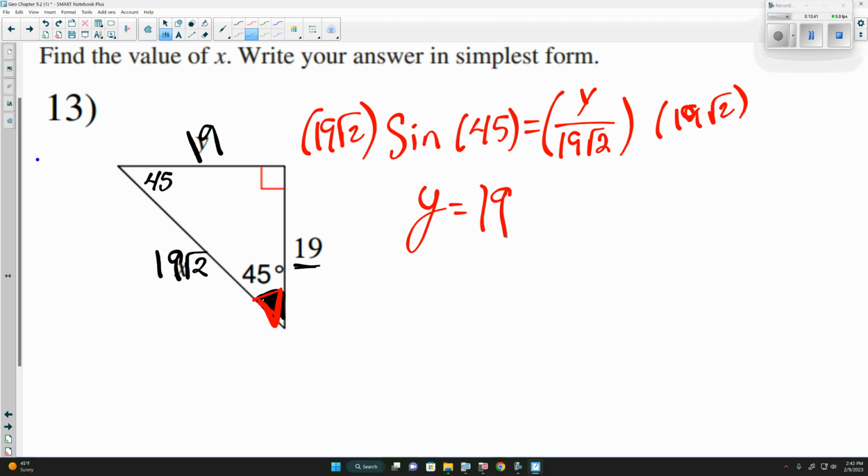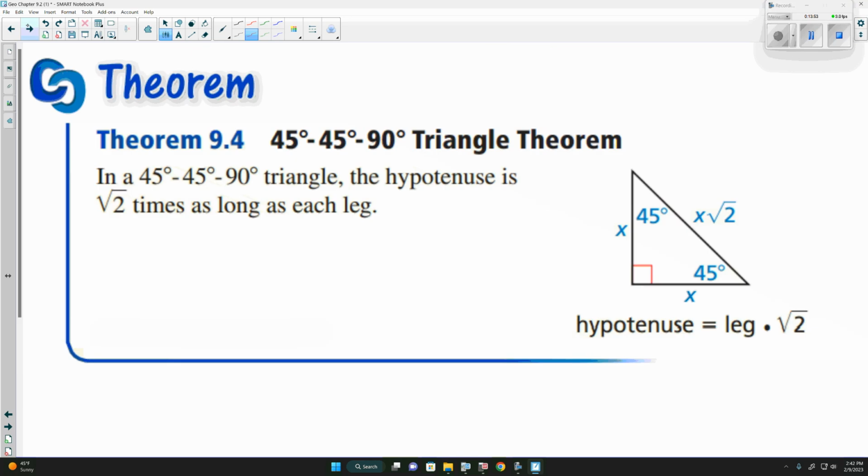That the sides opposite 45 are going to be the same, and the hypotenuse is going to be whatever that value is times the square root of 2. In a 45, 45, 90 triangle, the hypotenuse is the square root of 2 times as long as each leg.